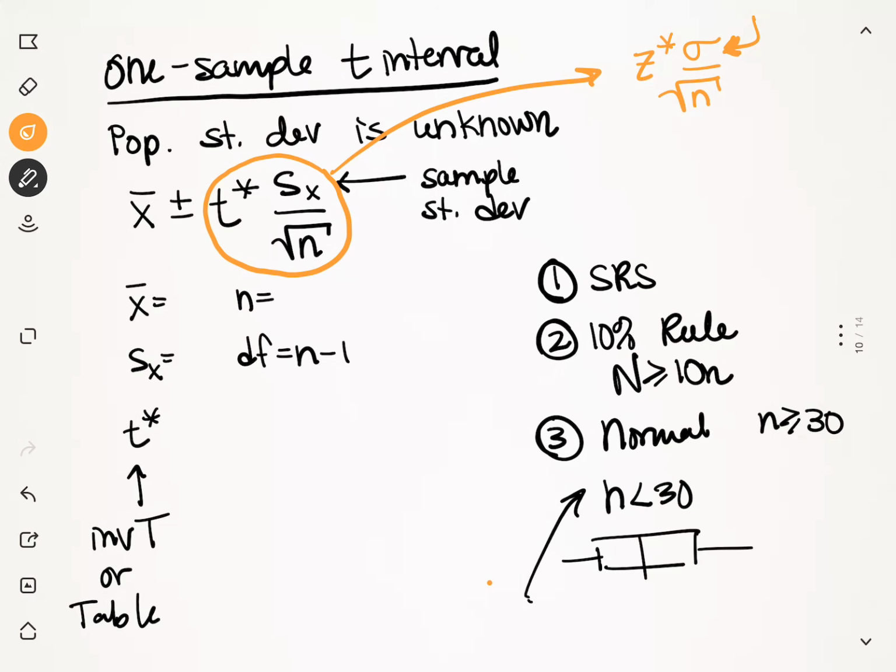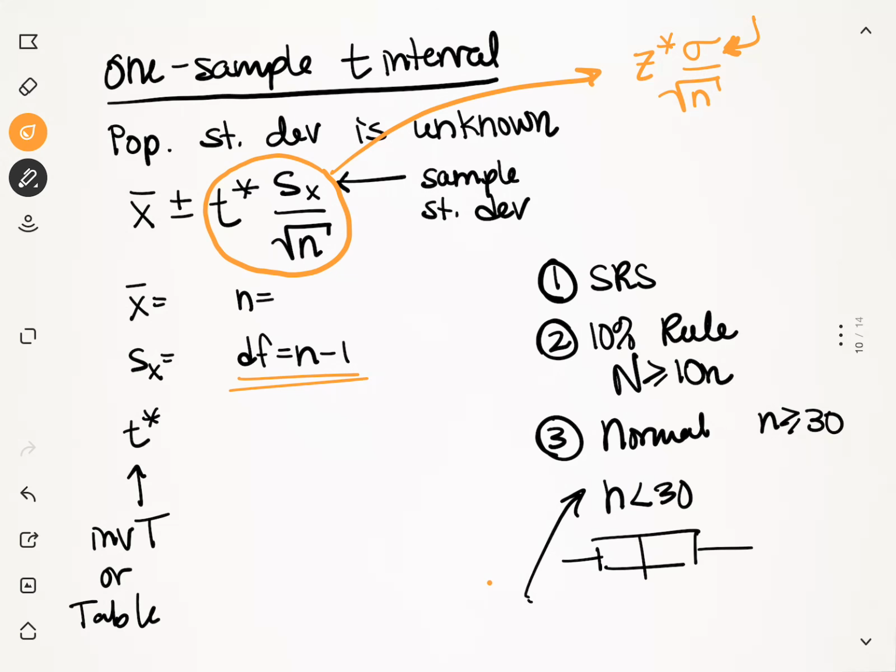There's no way we can find critical t without knowing the sample size, because you have to have degrees of freedom to find critical t, and if we don't know sample size, we can't find degrees of freedom, which means we can't find critical t, so we must use that z procedure.